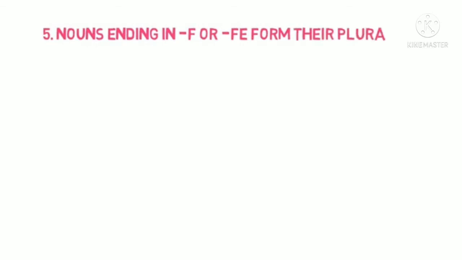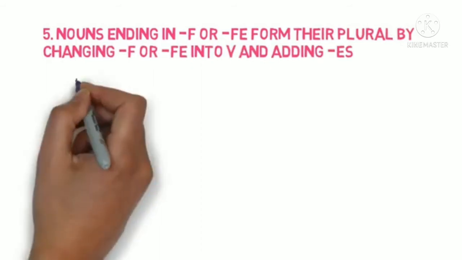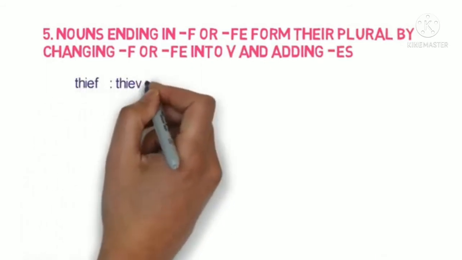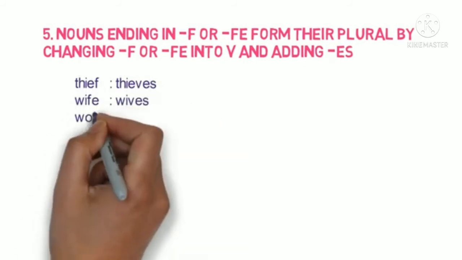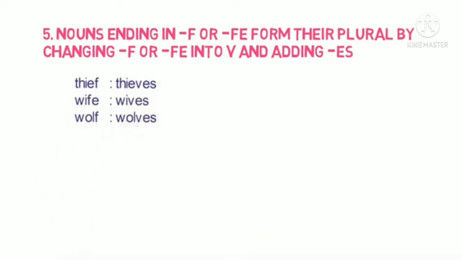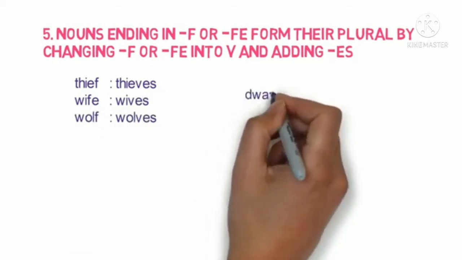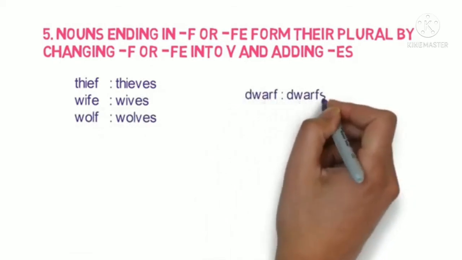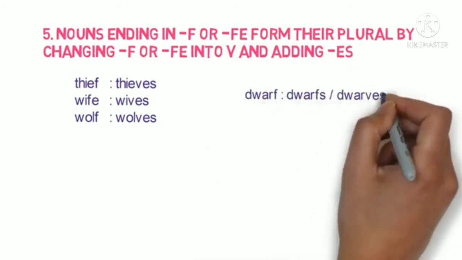Number 5. Nouns ending in f or fe form their plural by changing f or fe into v and adding es. For example, thief, thieves, wife, wives, wolf, wolves. The nouns such as dwarf and hoof take either s or ves in the plural.